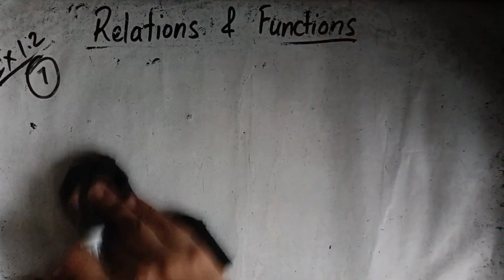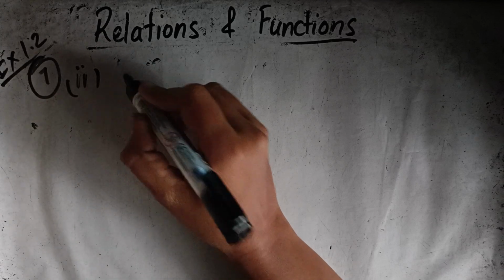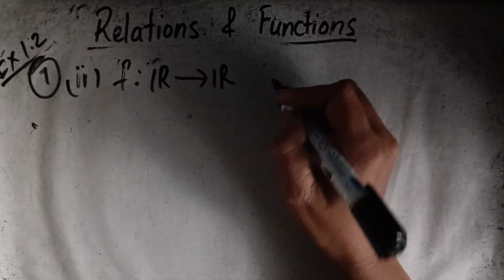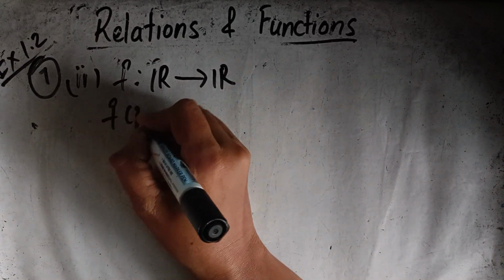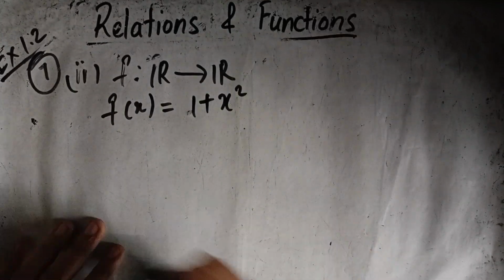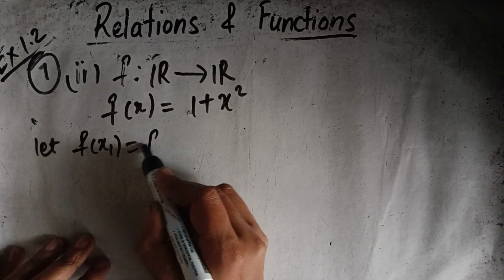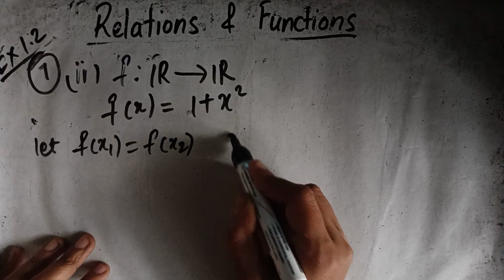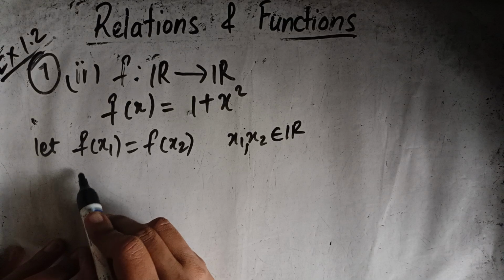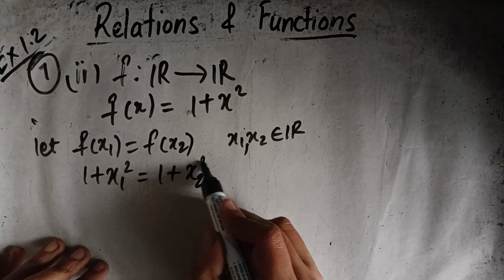Next is f from R to R, defined by f of x is equal to 1 plus x square. Okay, start the same way. Let's say f of x1 is equal to f of x2 for x1, x2 belonging to R. So 1 plus x1 square is equal to 1 plus x2 square.